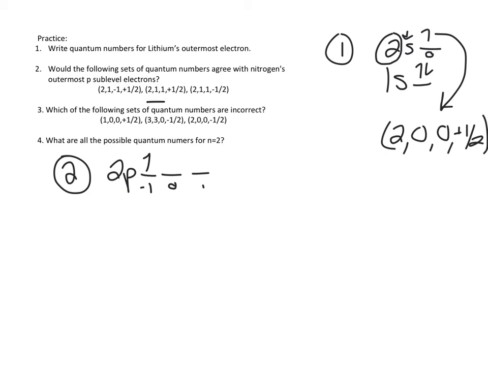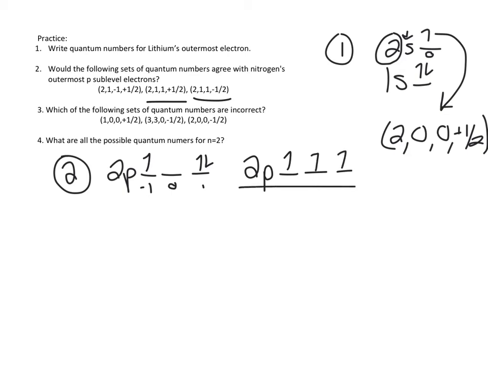The second electron is on line 1, and it's spinning up. So that would be there. And the third electron is on line 1, and it's spinning down. So for nitrogen's outermost p sublevel, if I was doing this, I would have my 3 orbitals, 3 electrons, and I would have gone up, up, up.